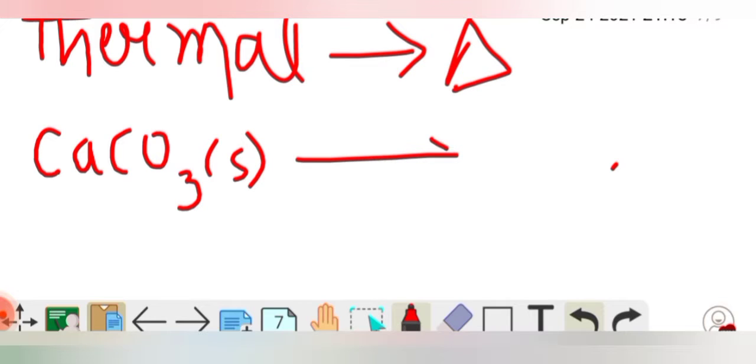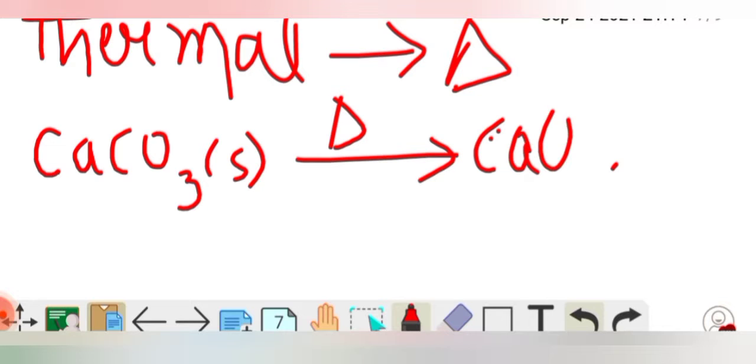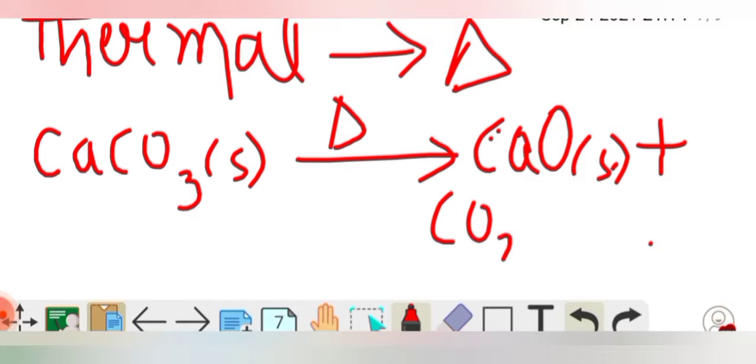In the presence of heat, it forms CaO, that is calcium oxide, which is a solid, plus CO2, carbon dioxide, which is a gas. You have to mention the states every time, as I told you previously about how a chemical equation should look. If you don't write this, it is not an ideal chemical equation.